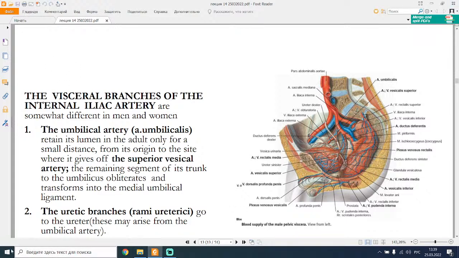Next, the ureteric branches, rami uretici, go to the ureter. This may arise from the umbilical artery.